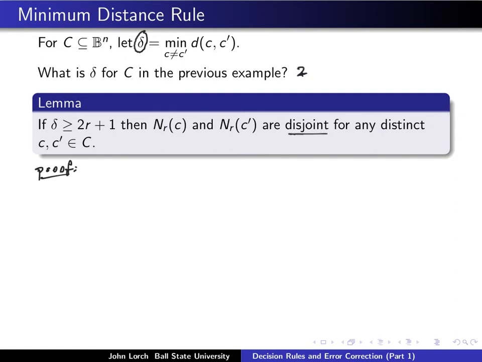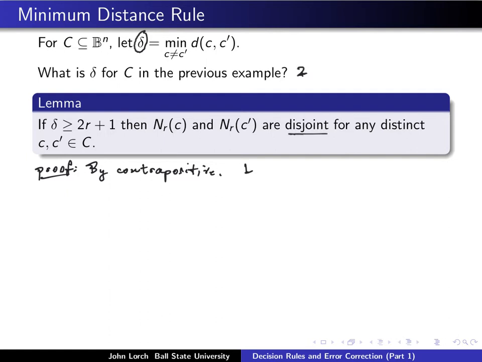So the best way, for this particular lemma, the best way to prove it is by contrapositive. So what that means is that we are going to assume that the neighborhoods are not disjoint, meaning that they do have something in common, and we're going to show that the minimum distance must be strictly less than 2r plus 1.